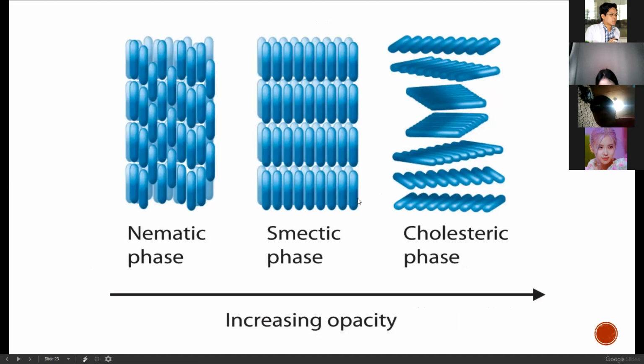In smectic phase, there are some spaces in between that they can actually move. Cholesteric phase, you can see some patterns with respect to one another.